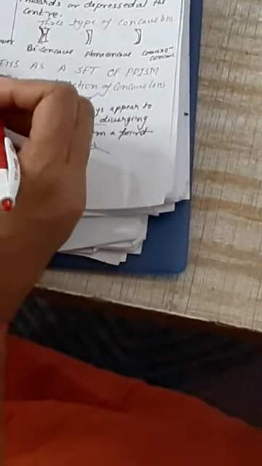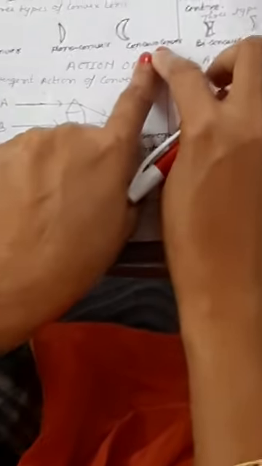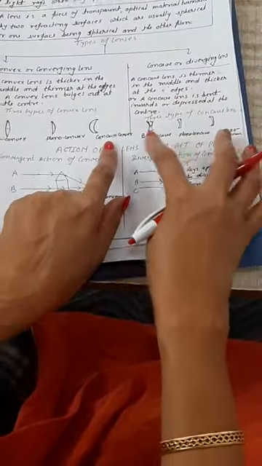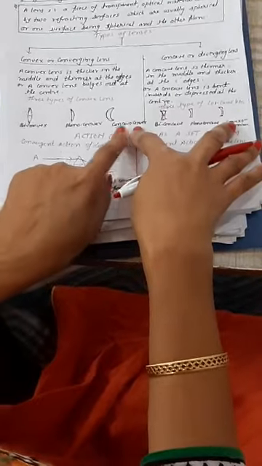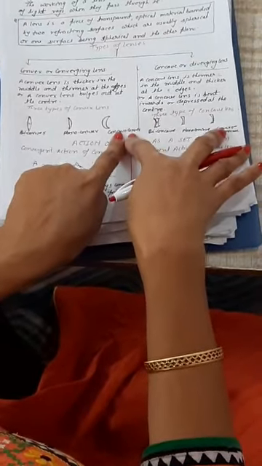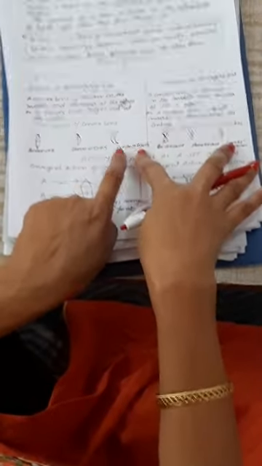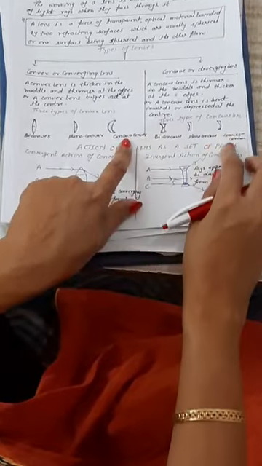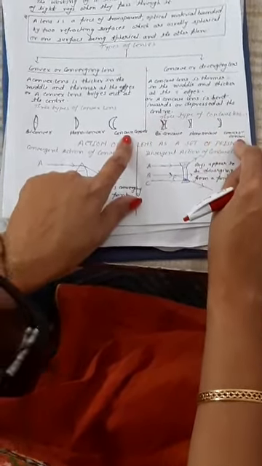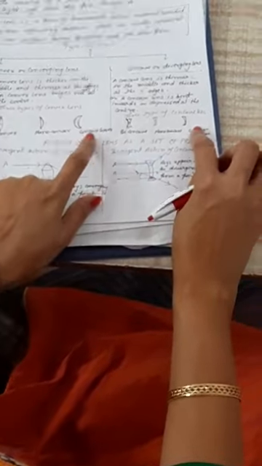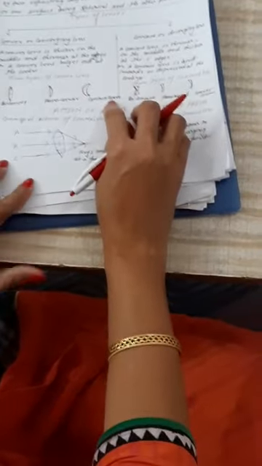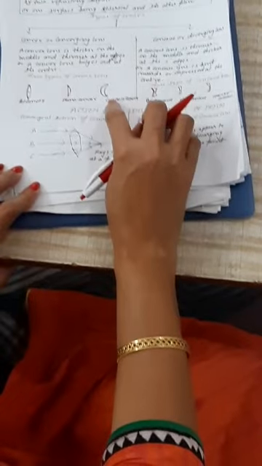Now these two, concavo-convex and convexo-concave, are different in their action. Please make sure you differentiate them. Concavo-convex is converging in nature.